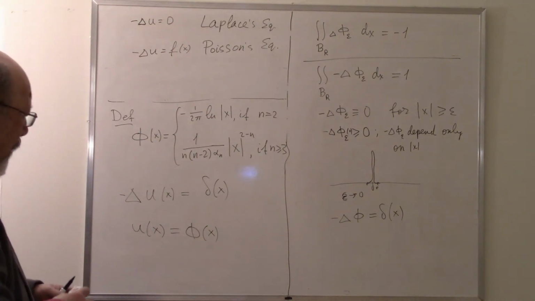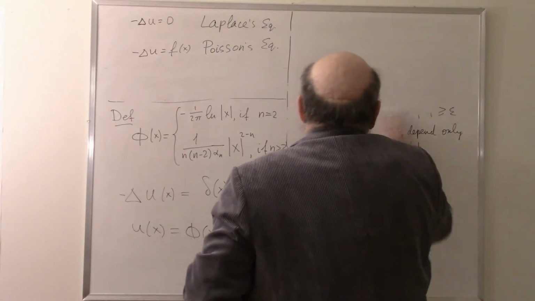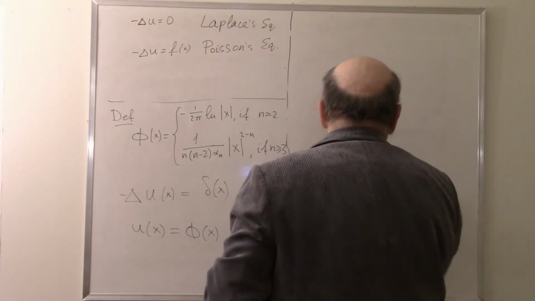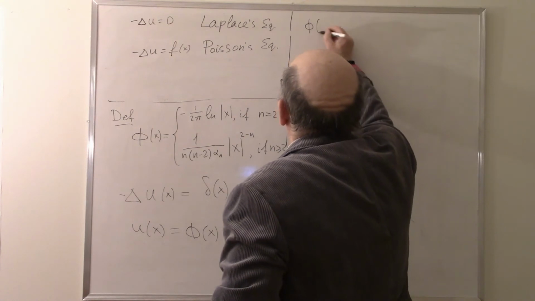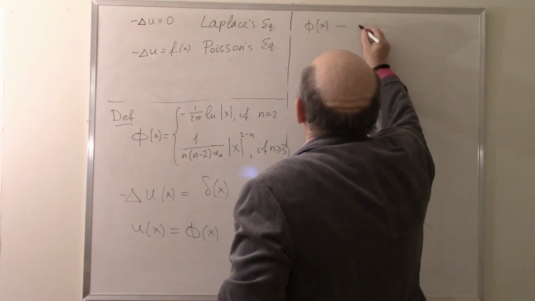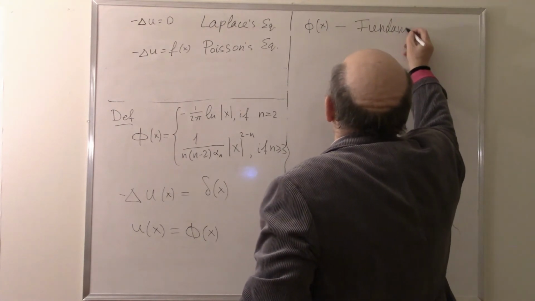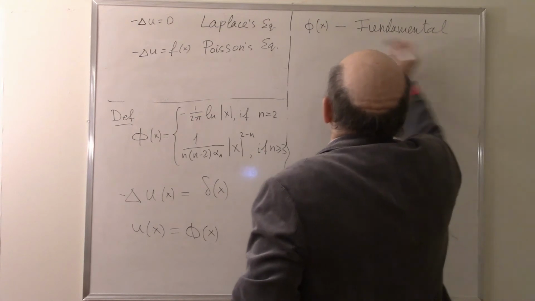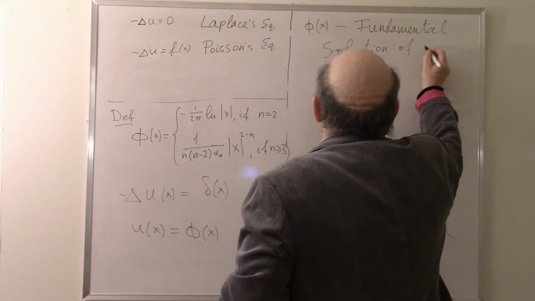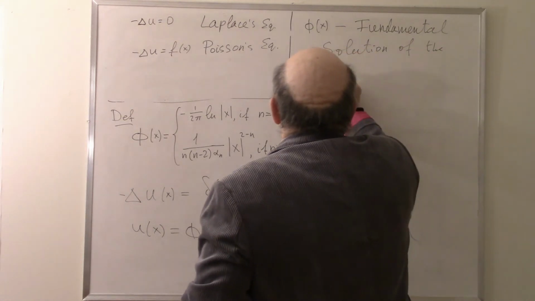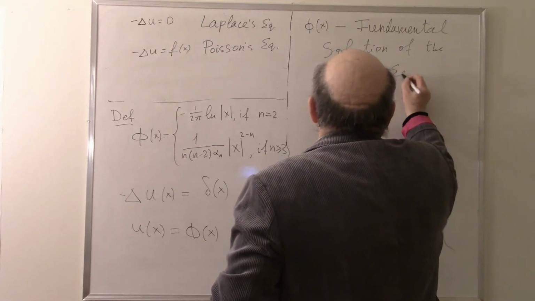And therefore phi of x is called the fundamental solution of the Poisson equation.